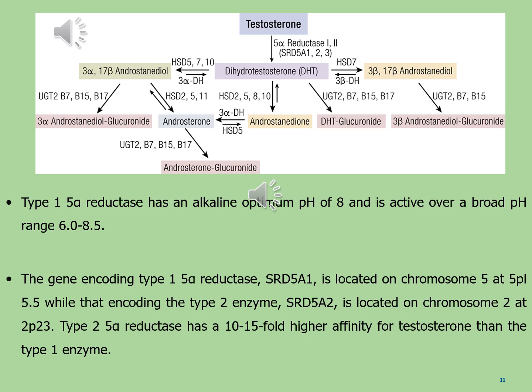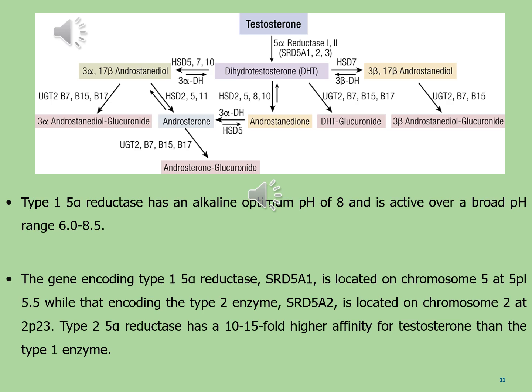This enzyme finally gives androstenedione glucuronide by the effect of enzyme UGT2, B7, B15 and B17. The dihydrotestosterone also gives androstenedione by the effect of enzyme HSD2, 5, 8 and 10. Further, dihydrotestosterone gives DHT glucuronide by the effect of UGT2, B7, B15 and B17.